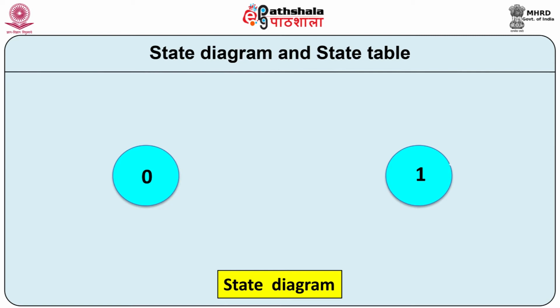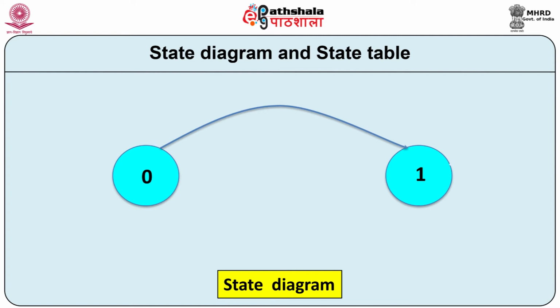This circuit has an external input x and the states of the circuit are shown by encircled numbers 0 and 1. Changes from one state to another are indicated by an arc with an arrowhead at one end. Input conditions that cause state changes are written adjacent to the directed arc.